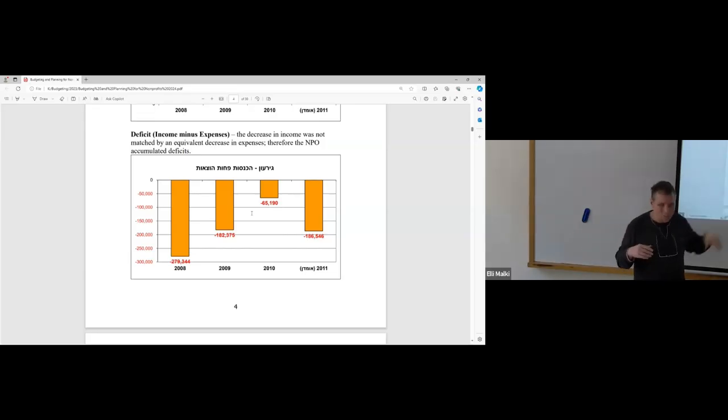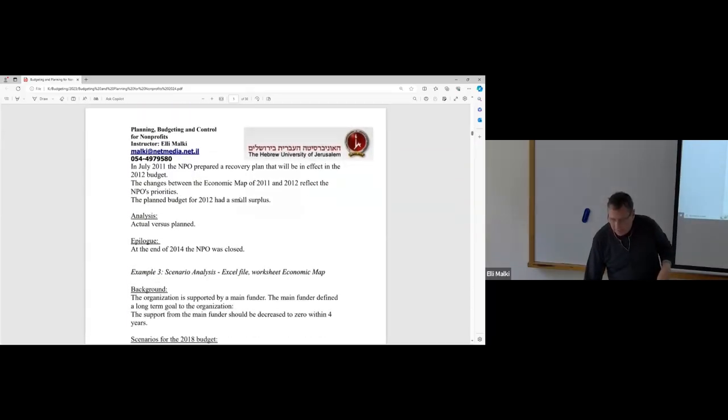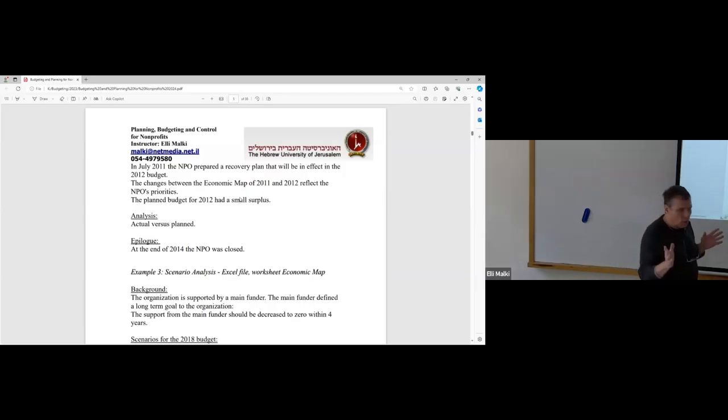All the accumulated deficit that you had in the past, you have to start covering them, maybe not in 1 year, but gradually. So this was the situation in this organization, and as it says here, in July 2011, the NPO prepared a recovery plan. Now, again, let's look at timelines.